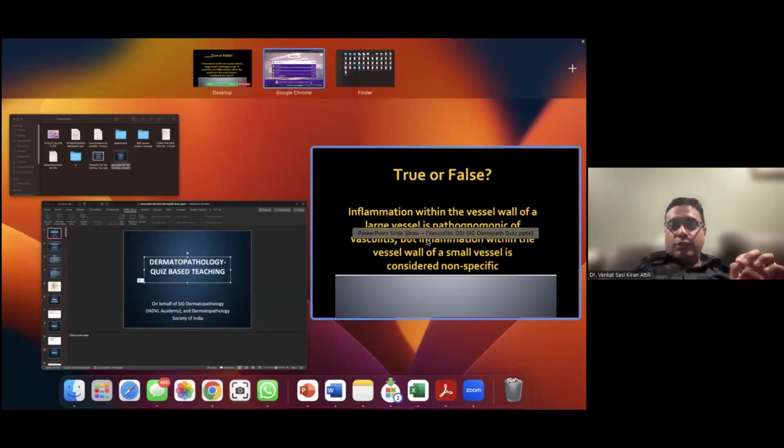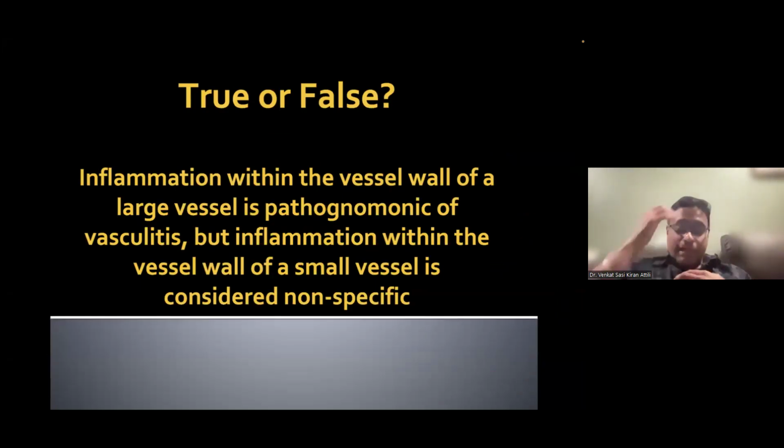Excellent. Now, these questions this time are quite tricky because I had to spend a considerable amount of time to think this through. But yes, inflammation within the vessel wall of a large vessel is pathognomonic. Why is it? Because of diapedesis, a term all of you have heard. Diapedesis refers to the migration of inflammatory cells from within the vessel lumen to the surrounding interstitium.